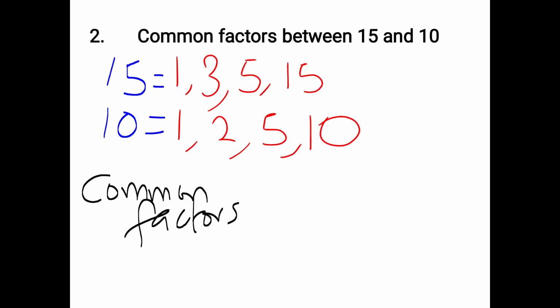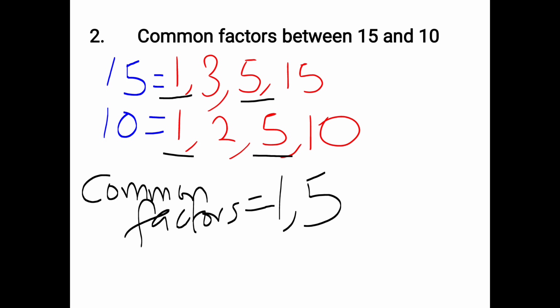So now we have to just list out the common factors of 15 and 10. So now you will notice that we have 1 here, we have 1 here. So we write 1 first. What other number? We have 3 here, we don't have 3 here, right? So we have 5 here, we have 5 here. So our next common factor is what? 5. Any other common factors?